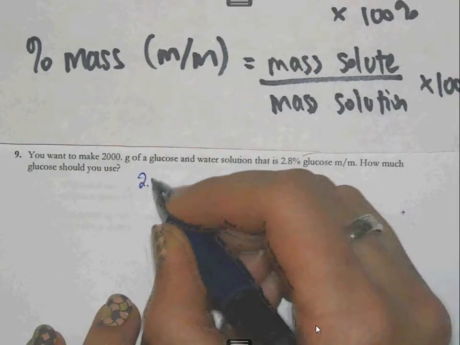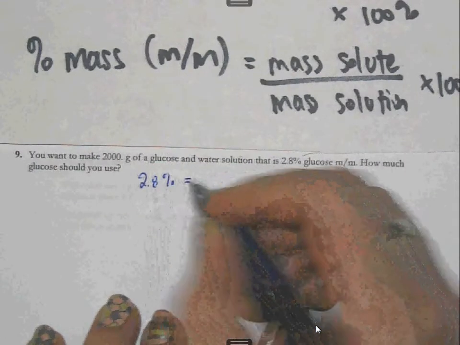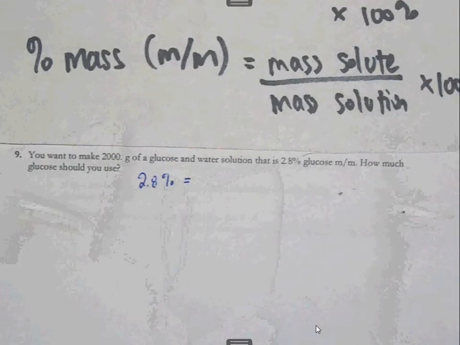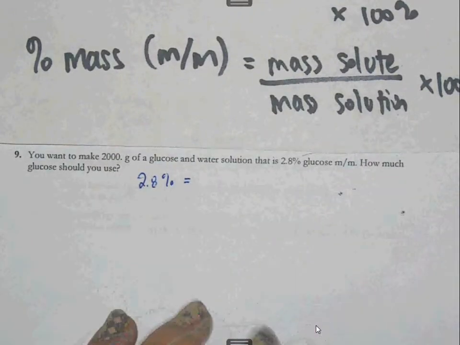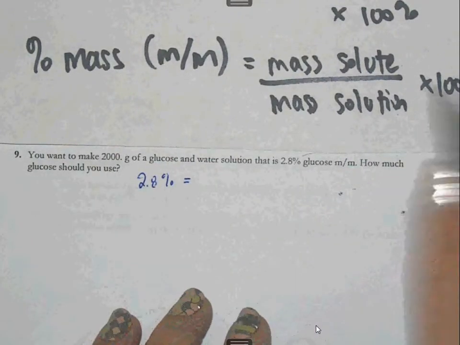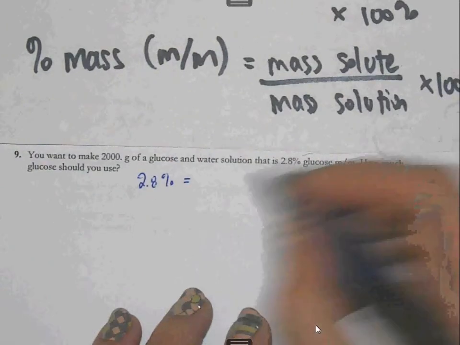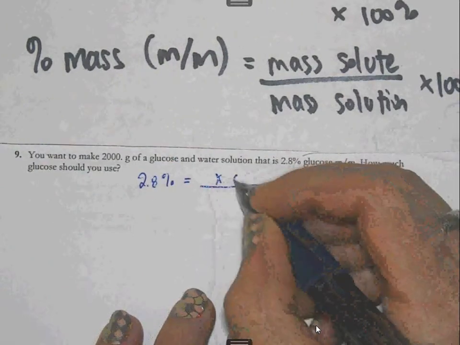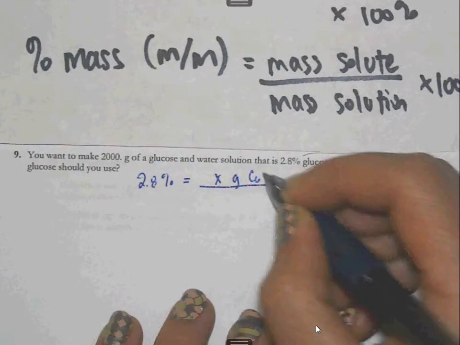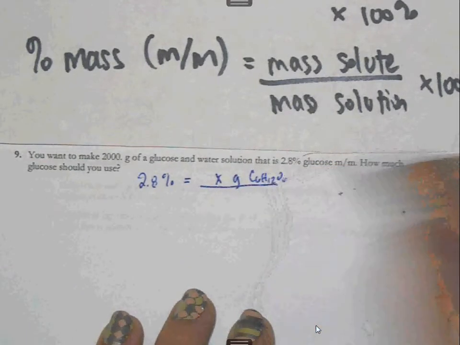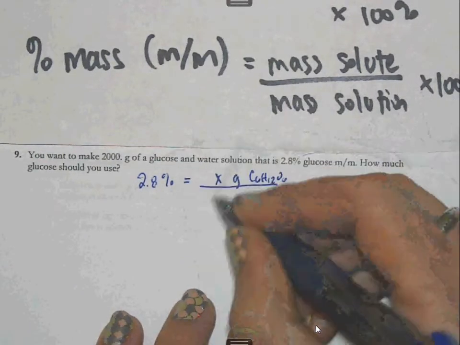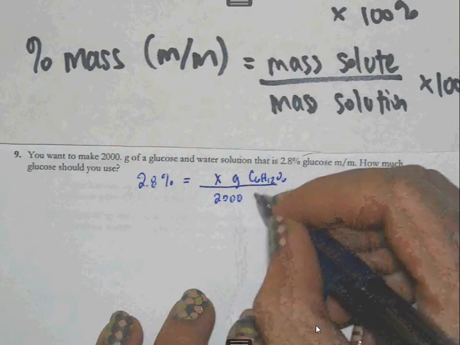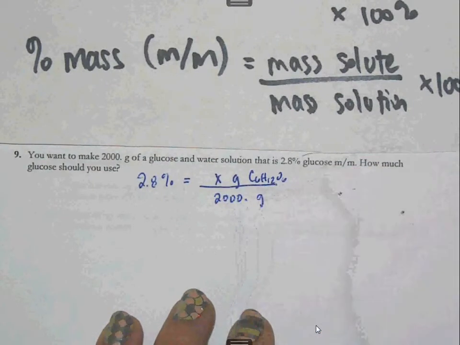They gave me the percentage, but this time it's the mass equation instead of the volume. Really doesn't change anything about how I'm going to work it. So I have 2.8% equal to some number of grams of glucose, C6H12O6, over a total of 2,000 grams of solution.